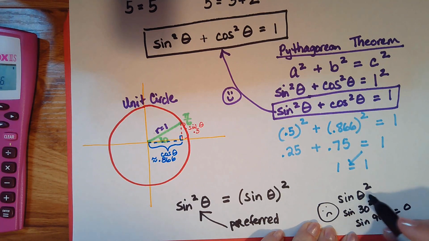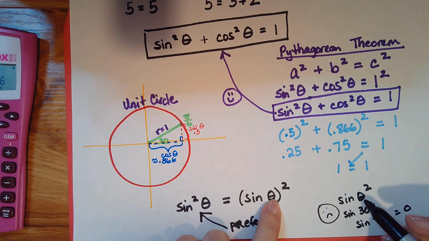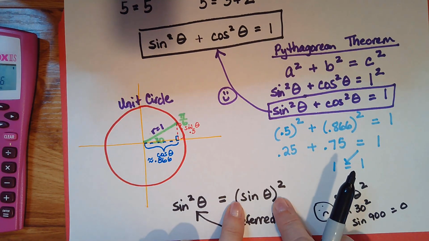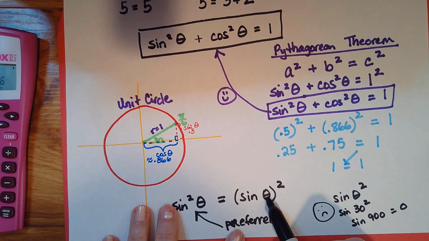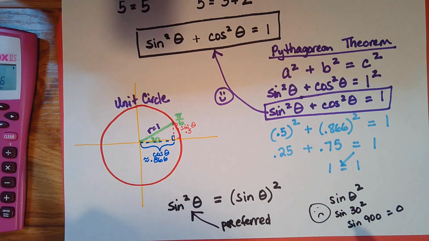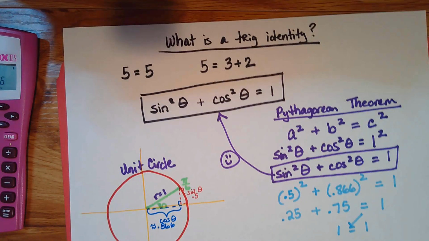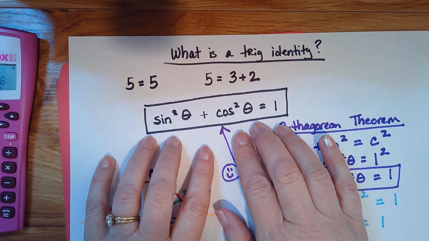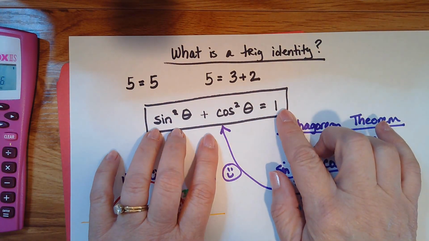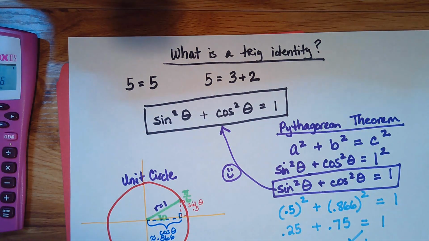So if you're going to write sine theta squared, make sure you have the parentheses there so that you first figure out the sine of theta and then square it. That's the only way that the math works. All right, so that is what a trig identity is. It is an equation where one side is equal to the other side, and we got some trig functions thrown in there.